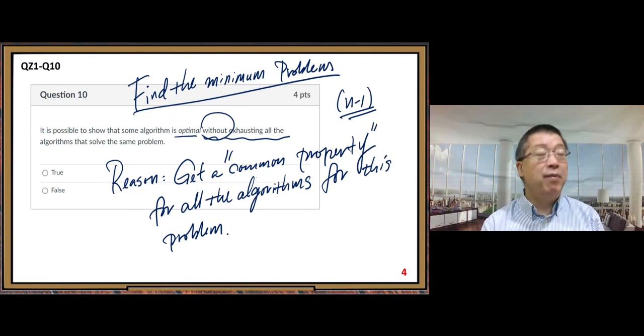Okay, so what's that property? You may ask me, well, what is that common property?